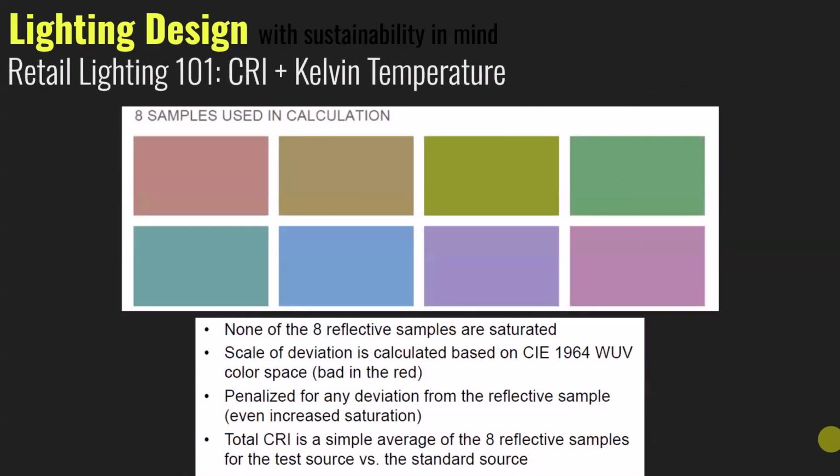Here is the original sample of how CRI was used to test different lighting technologies. All right, so these colors were considered gold standard all the way from the time of Edison and Tesla for testing color rendering index.